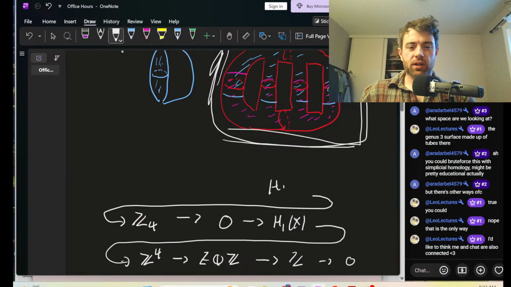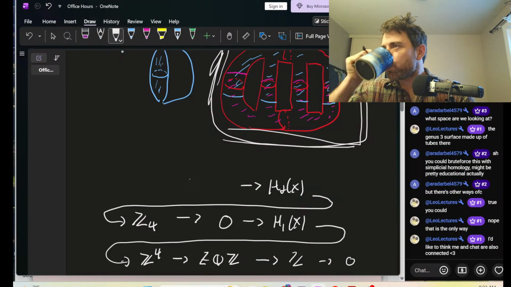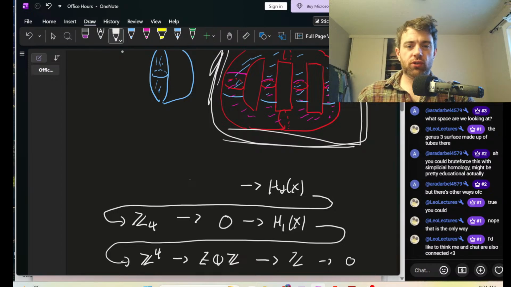And then here we have an H2 of X. And then here we have the sum of H2s, which, maybe here's where I made the mistake. No, the H2s should be trivial, right?